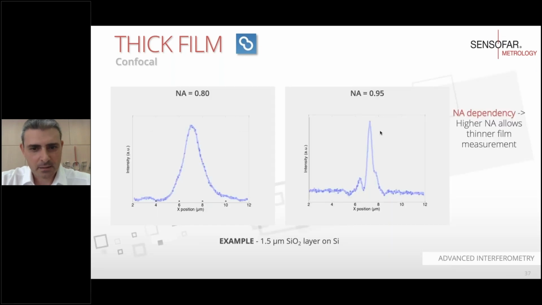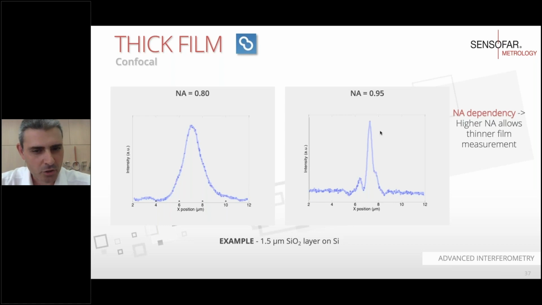So that's an example of an axial response of a 1.5 micron silicon oxide layer measured with a 0.8 numerical aperture and a 0.95 numerical aperture. The thing we see here is that this 1.5 micron silicon oxide layer is exactly at this frontier point I was talking about before, of thin and thick films.